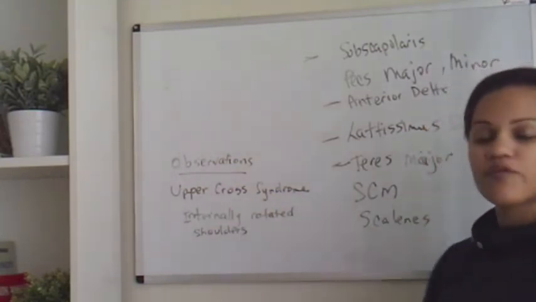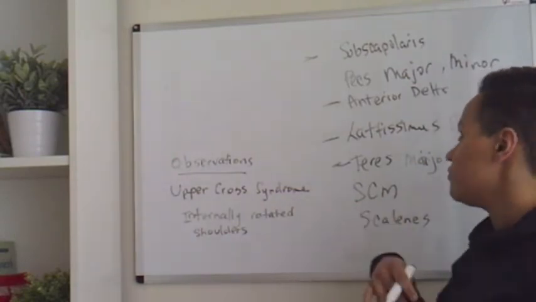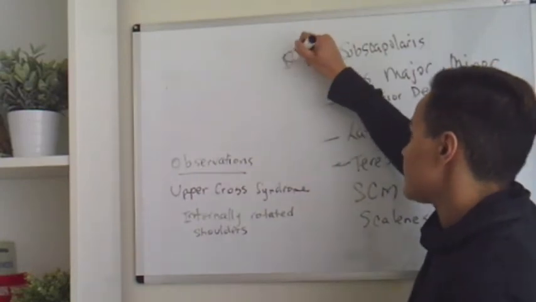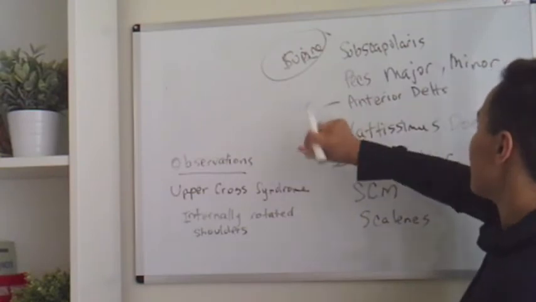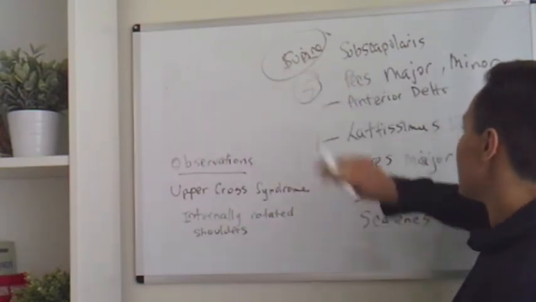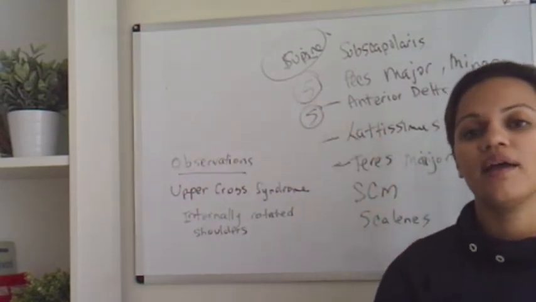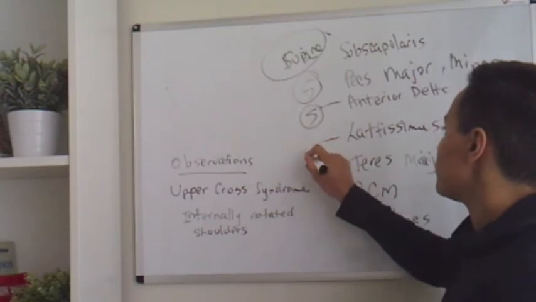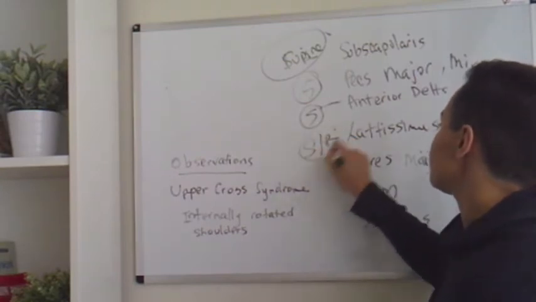So first and foremost, what I normally do is I go through and I say, you know, the subscapularis, I normally reach this in a supine position. So I'll go through and say, okay, that's supine, pec major and minor is going to be supine, anterior delt will be supine. Supine meaning I'm going to start my client face up. Latissimus dorsi, I can generally do either supine or prone.